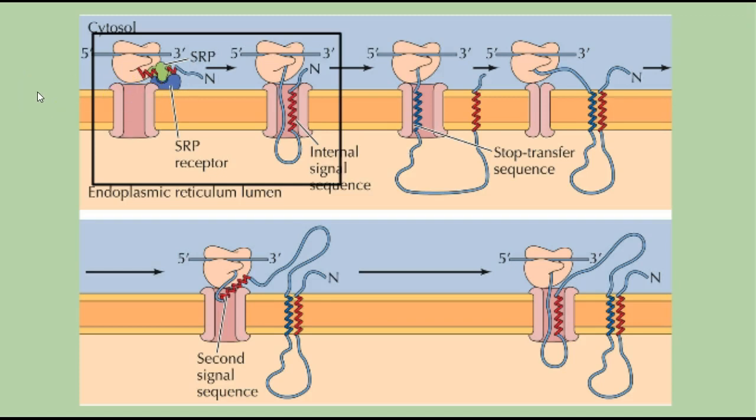And so we also see that the amino acid was transferred through the channel, and that as the amino acid was being threaded through the channel, a stop transfer sequence was found, and because of that, the hydrophobic region of the protein was just pushed laterally out into the membrane of the ER, which, as you can see, has happened right here.